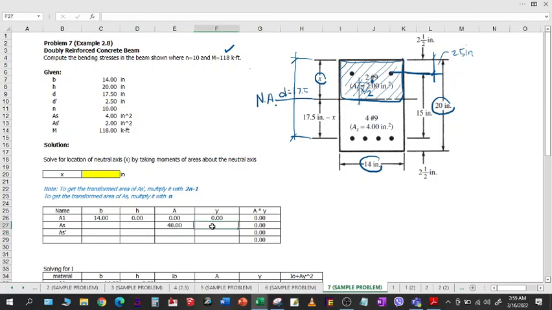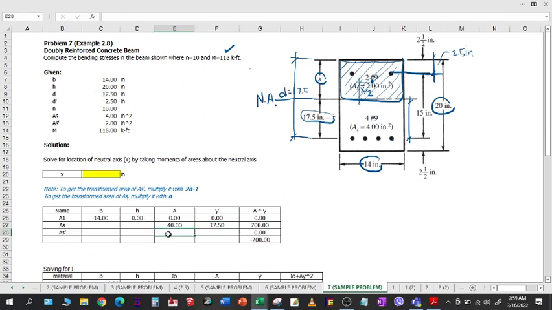And then my y is this distance here from the neutral axis to the centroid of the tension steel. So this distance is 17.5 minus x. Okay, because your d is 17.5, then deduct x, then you will get the value for this portion. So 17.5, I refer to this cell, minus x, or this cell.